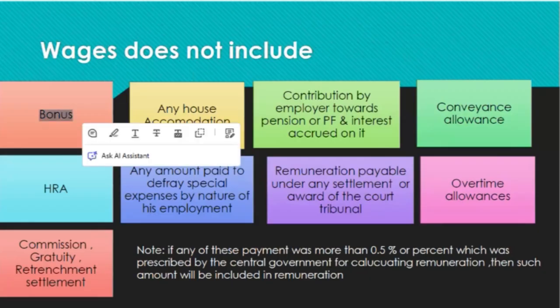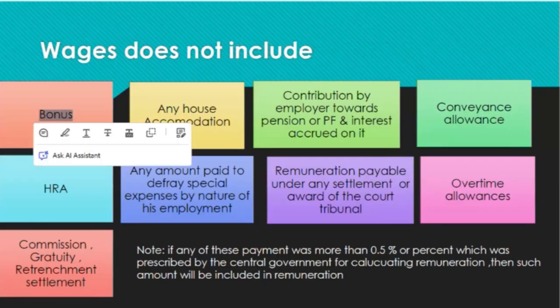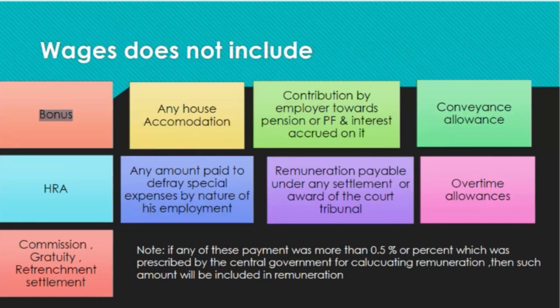We'll see that in the coming slides. Government has prescribed what is the minimum bonus that is to be paid and what is the maximum bonus that can be paid. So if I am paying higher than the maximum bonus fixed by the government, then whatever higher amount that I am paying, that will form part of my wages. Okay?